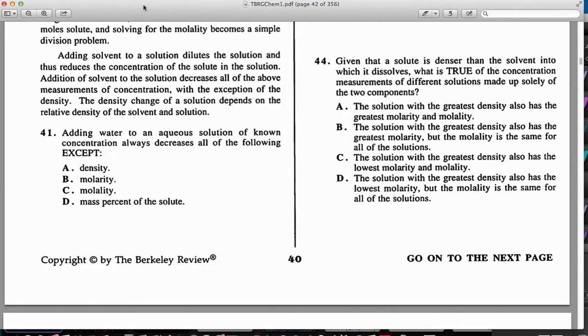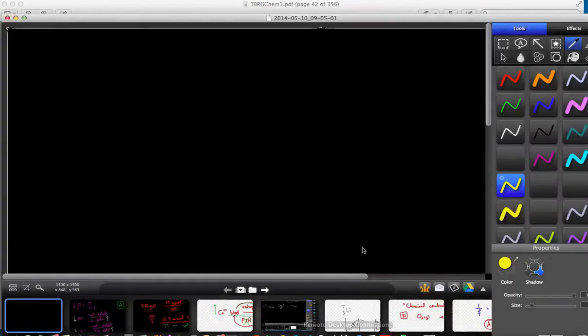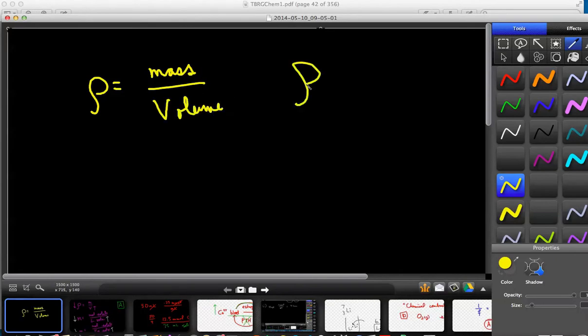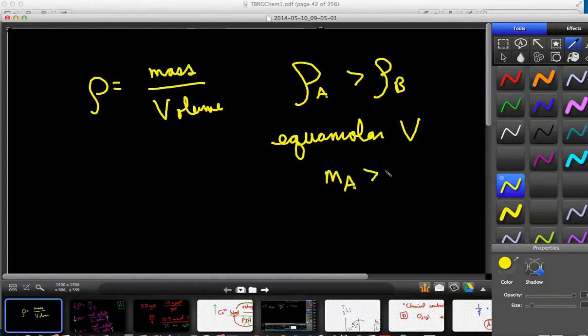Well, let's think about density for just a minute. Density is going to be mass over volume. So if I have density of A is greater than density of B, that means if I take equal molar volumes, the mass of A will be greater than the mass of B because there's a greater density.